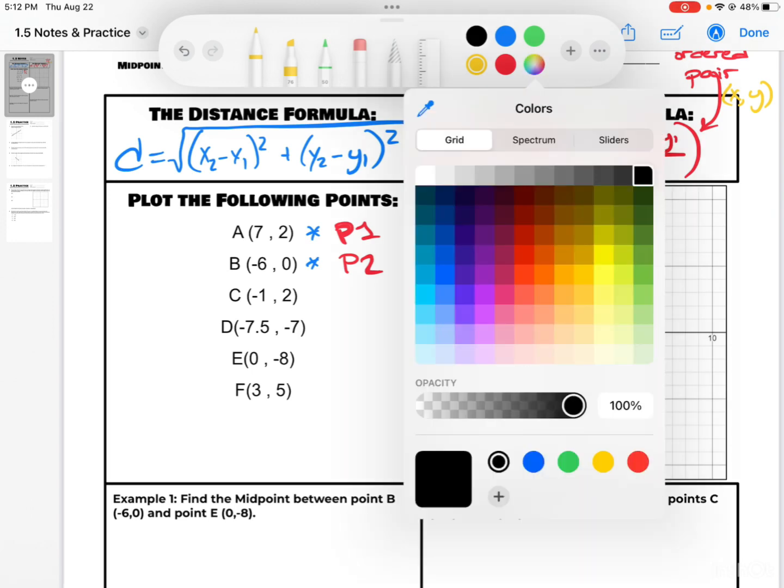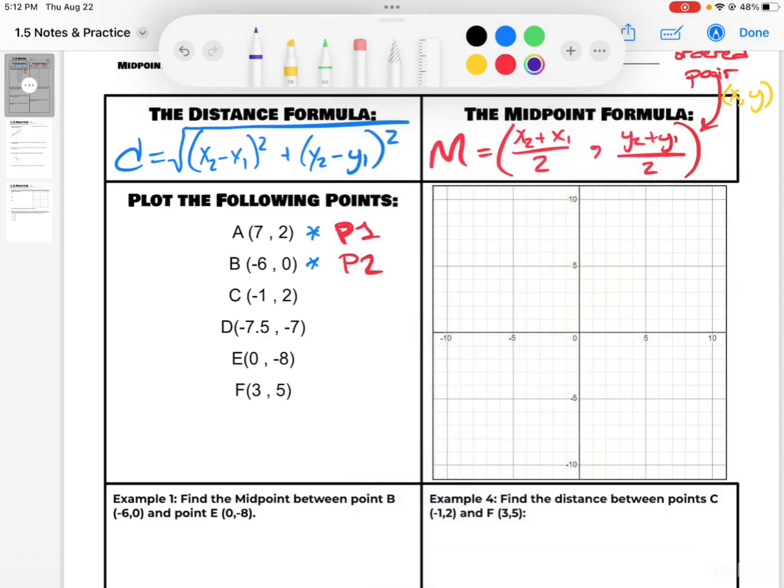I will just add that when you are plotting, on your x-axis, this is positive, this is negative. On your y-axis, this is positive, this is negative.